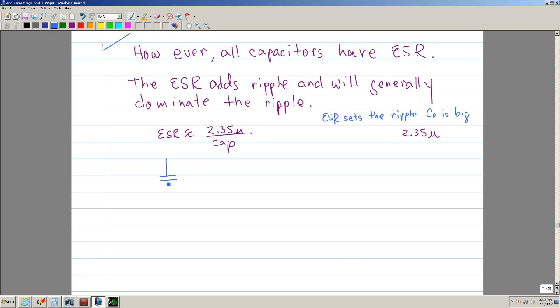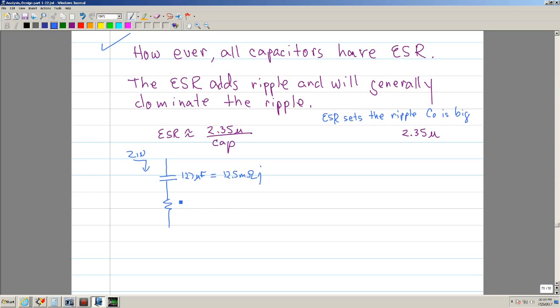So now we have Zn. We have 127 microfarads, which is equivalent to 12.5 milliohms imaginary.